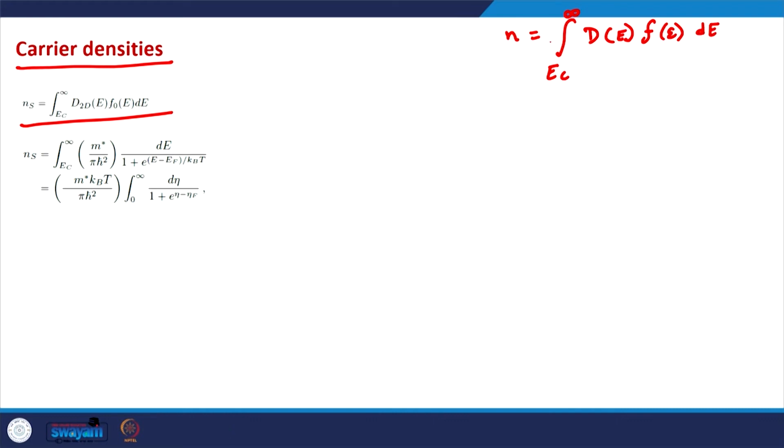The number of electrons per unit area, the charge density, will be given by this, and this is actually the D2D(E) parameter.